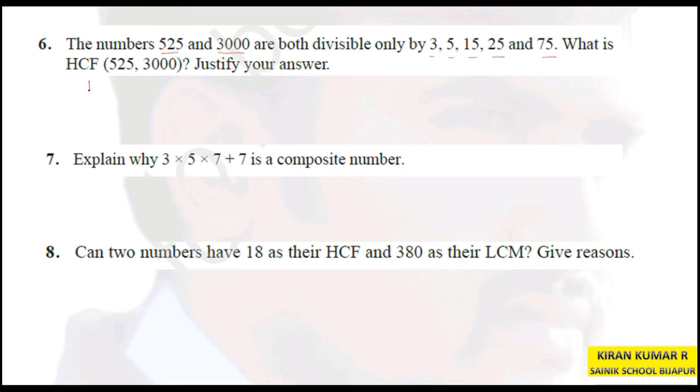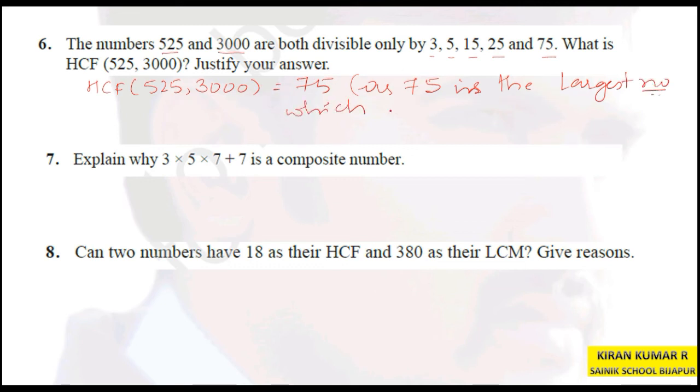So the highest common factor of 525 and 3000 is 75, as 75 is the largest number which is dividing both 525 and 3000.